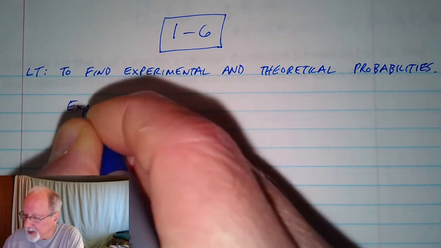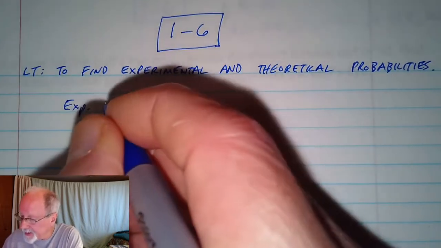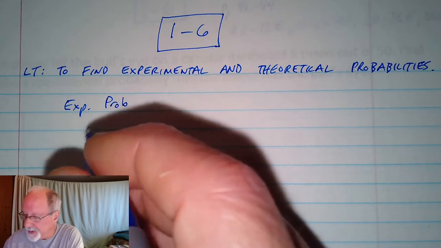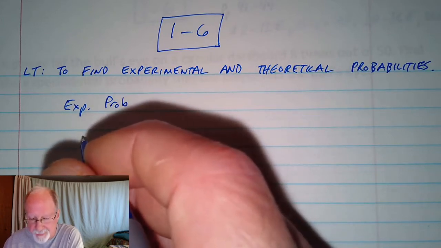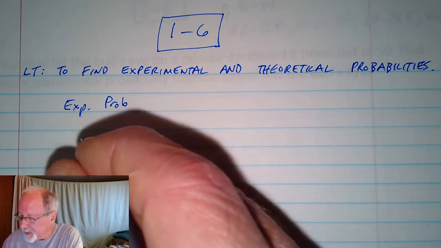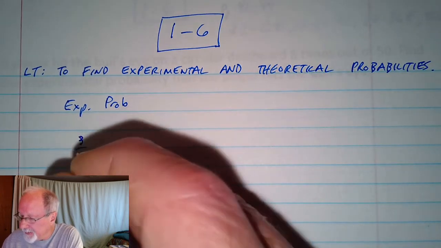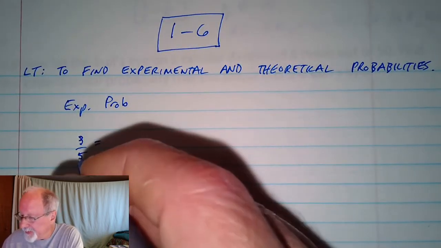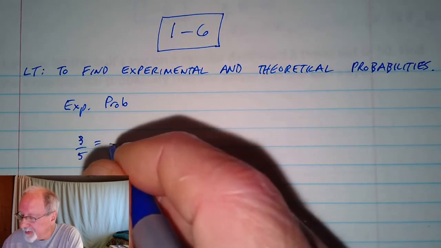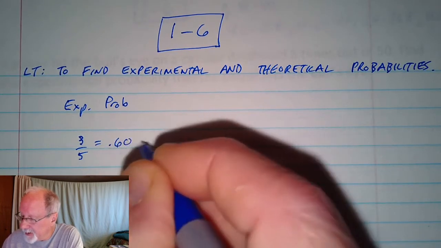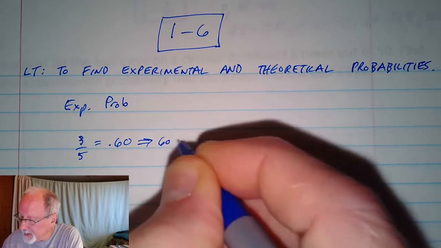So experimental probabilities, I'm going to abbreviate that there. That's when you actually count, and so you get actual numbers. So for example, if I counted flipping heads and I got 3 heads out of 5 flips, then I would get 3/5 as my experimental probability, but typically we put that in either decimal or even better, percent.